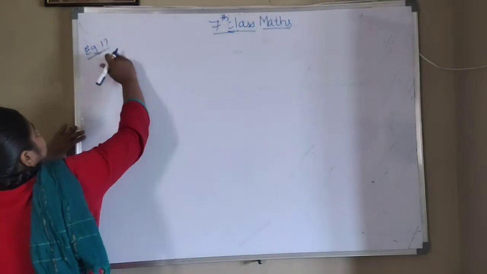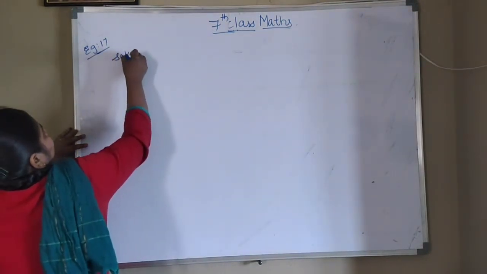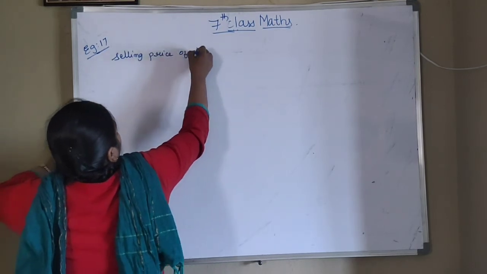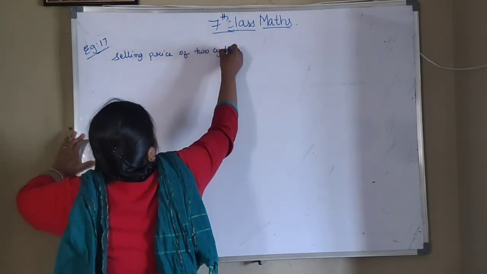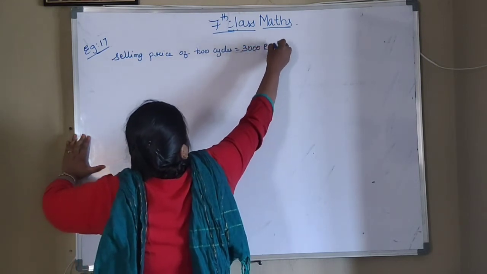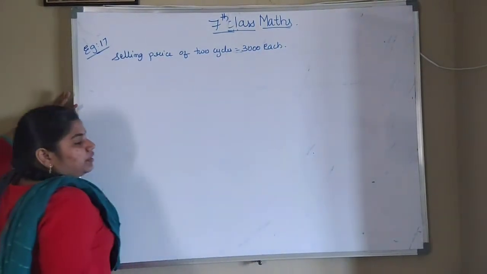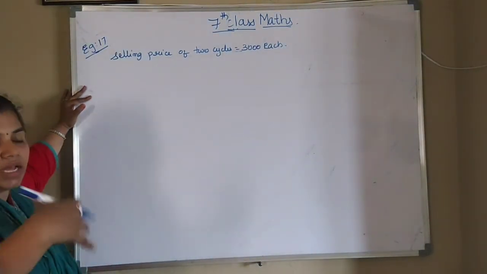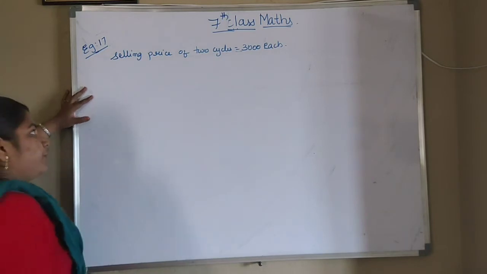Selling price of 2 cycles is how much? That is 3,000 each. Now on one he got the loss of 20% and on the other he got the gain of 20%.